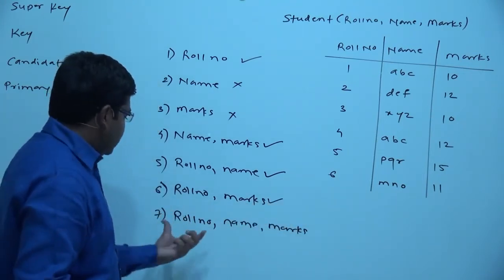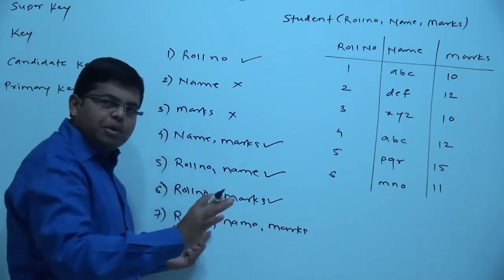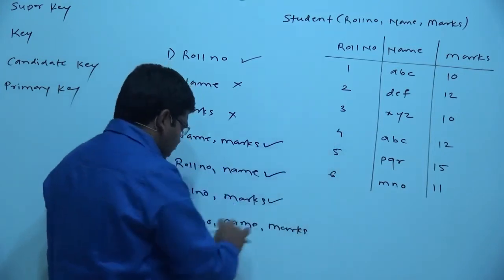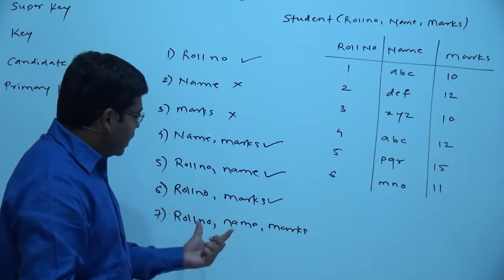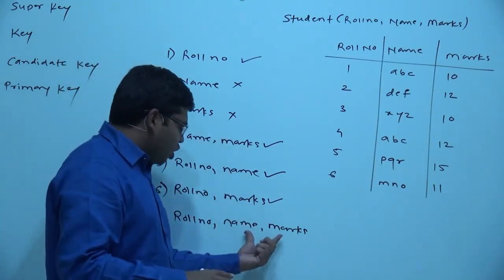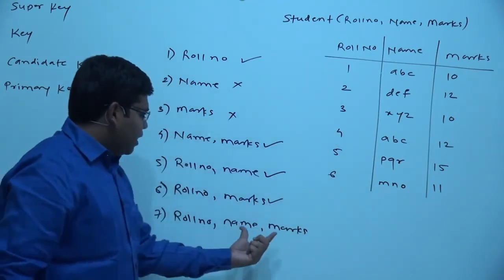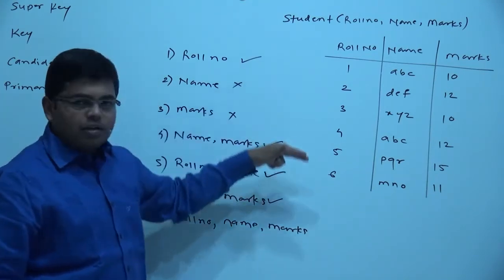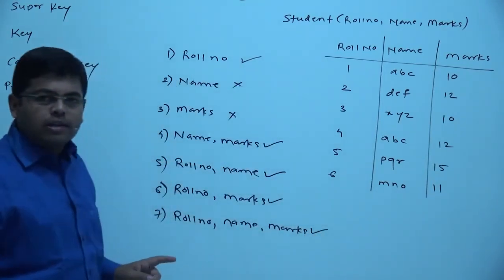Now we can see here roll number is a key, therefore roll number, name and marks will also be a key combination, or roll number can be used to uniquely identify the row, and therefore roll number, name and marks can also be used to uniquely identify the row. Similarly, name and marks together form a key, and therefore this combination of name and marks is unique across the table, and that is why the combination of roll number, name and marks can be used to uniquely identify the row, and therefore roll number, name and marks can also be called a key.